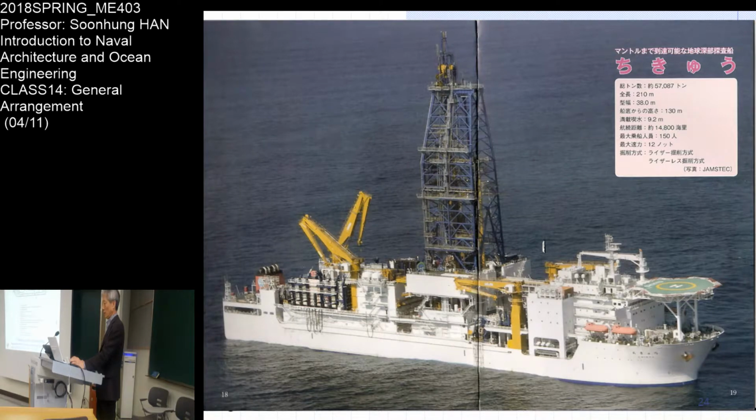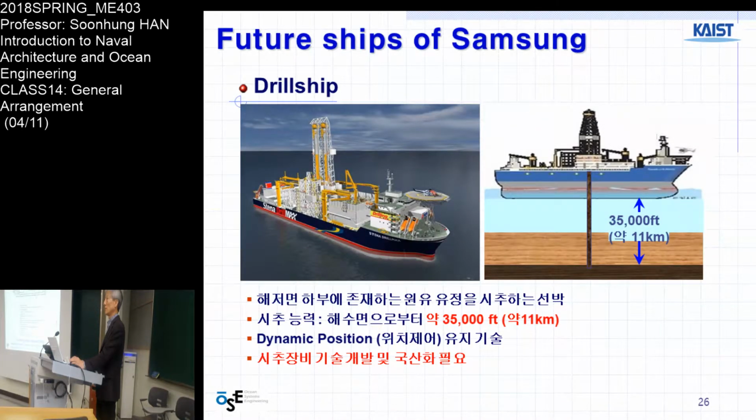There is also an oceanography research ship. Let me show you a little bit on this. What kind of work is done in a research vessel? Because it's not a popular ship. Maybe see some of them.